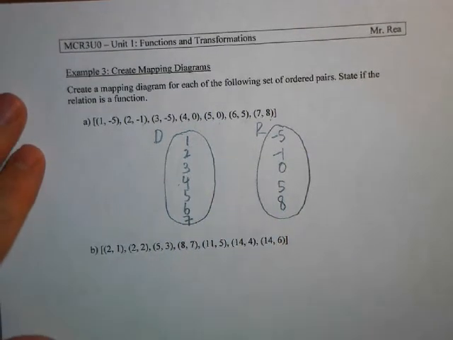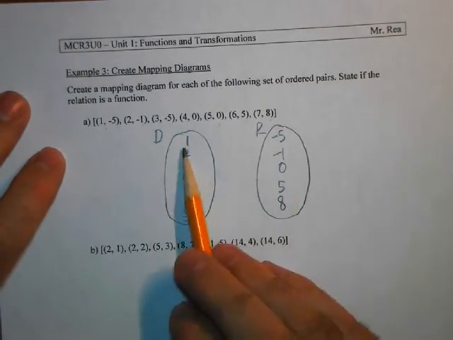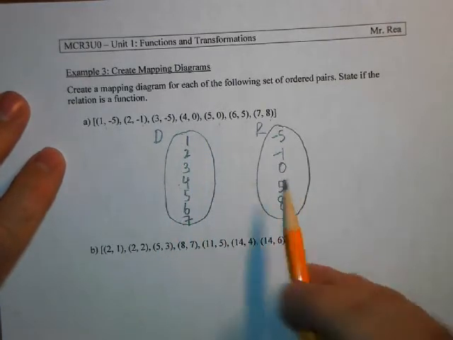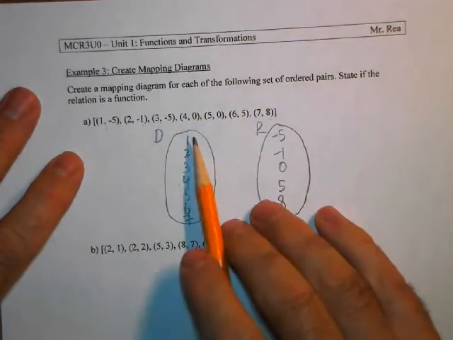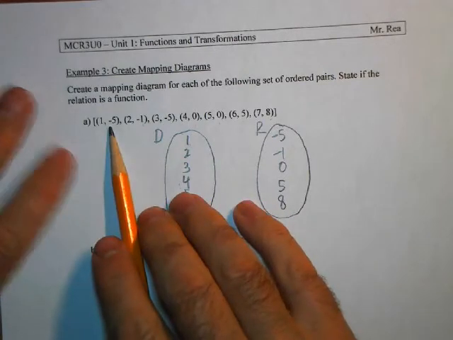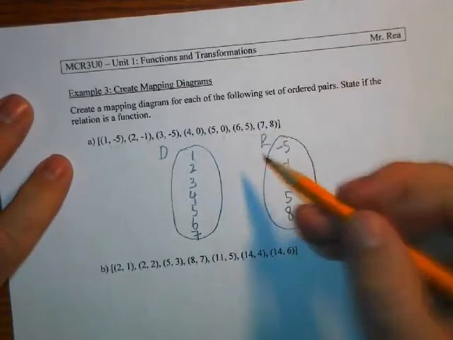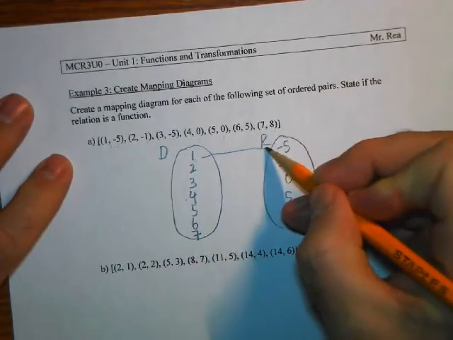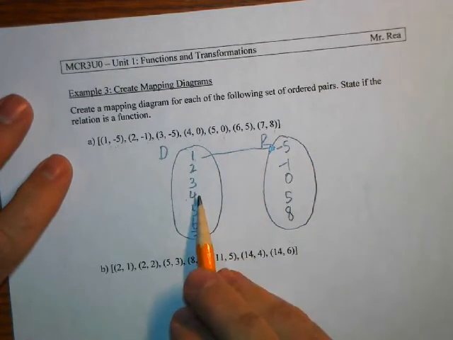Now that we've got all your possible x values and all your possible y values, we use our arrows to define, if I had 1 as my input, what's my output going to be? Well, you can tell from that ordered pair there. 1 goes to -5, so I draw an arrow from 1 to -5.